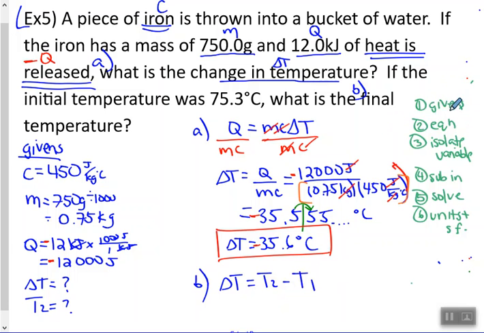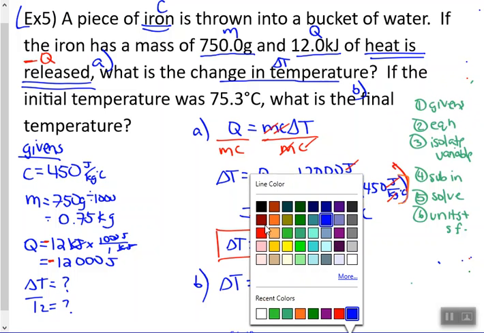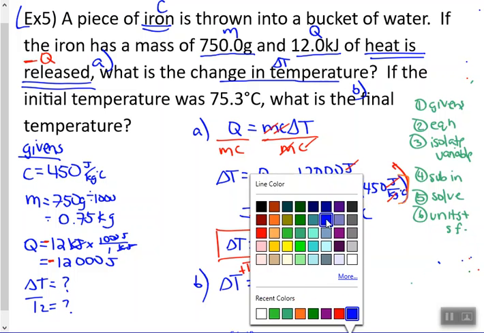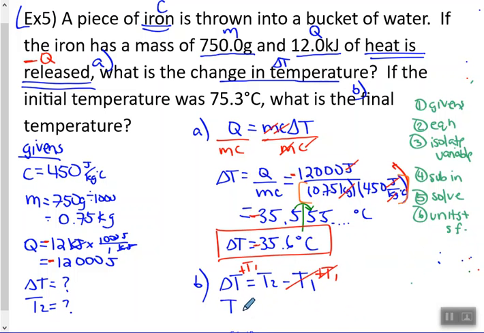Remember, we already have our givens, there's our equation, isolate the variable for T2, sub in and solve. So add T1 to both sides. Gets rid of that there, and we have T2 equals delta T plus T1.